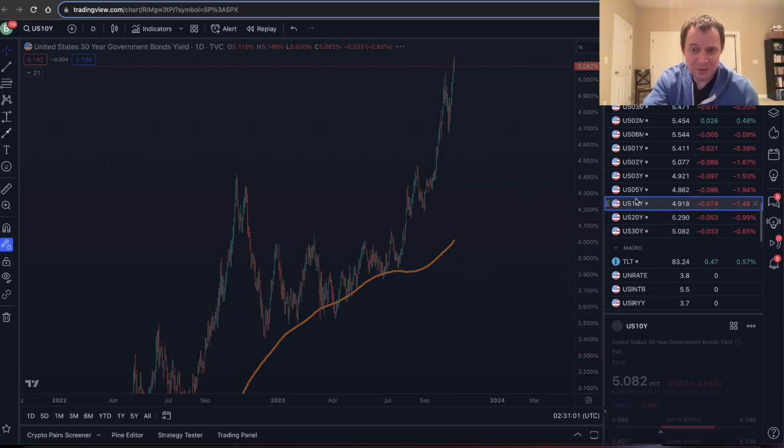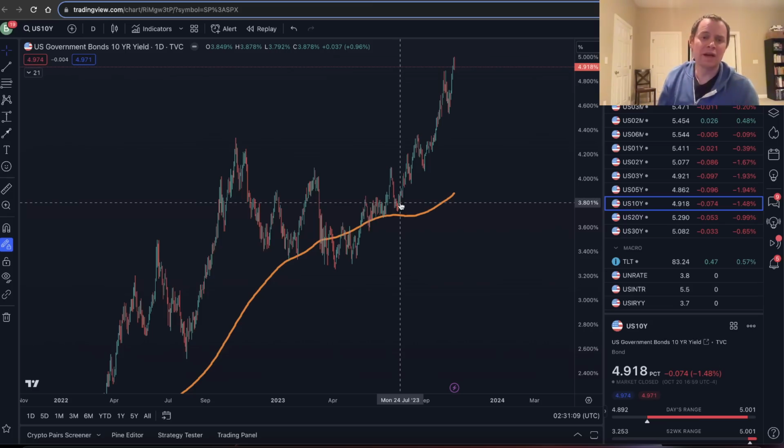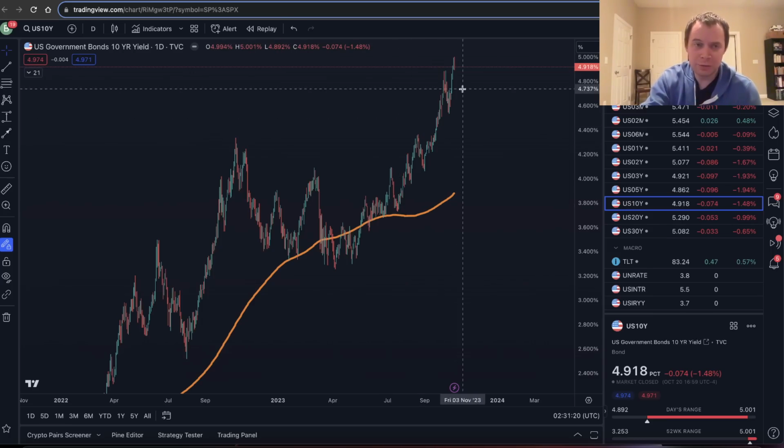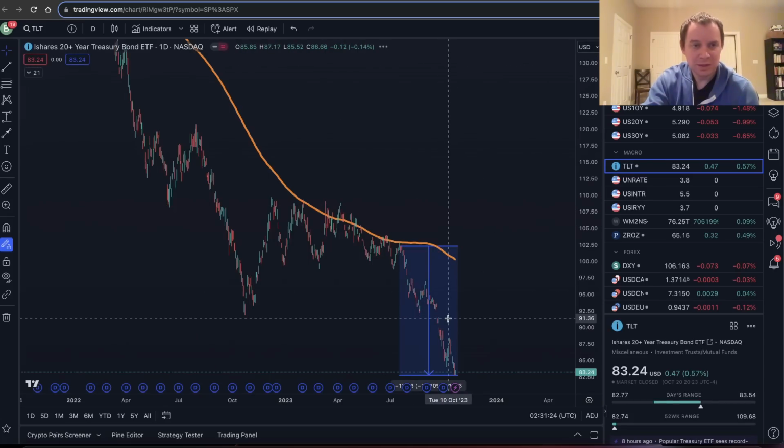The 10-year, which is now at 4.9%, back in July was at 3.8. So the long end of the yield curve went up, a bear steepener, where the long end went up rather than the short end going down. The long end of the yield curve went up, therefore TLT went down.